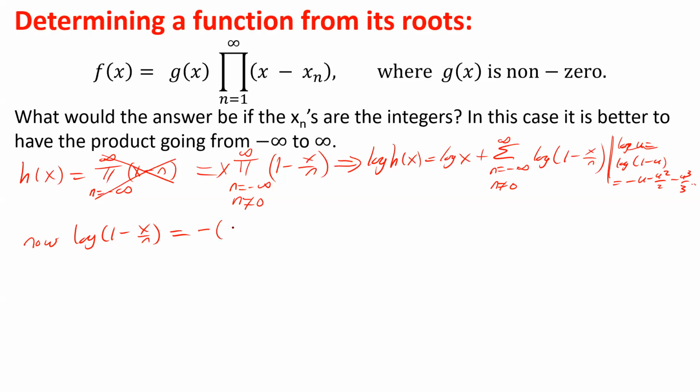So this would be negative x over n plus 1/2 x over n squared plus 1/3 x over n cubed, and so on and so on.